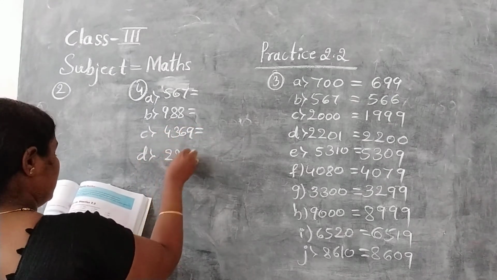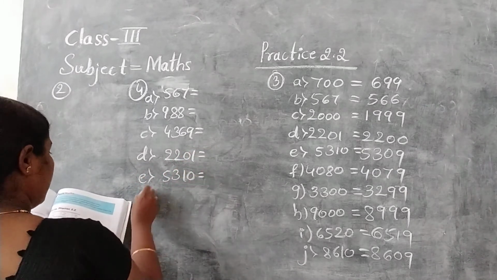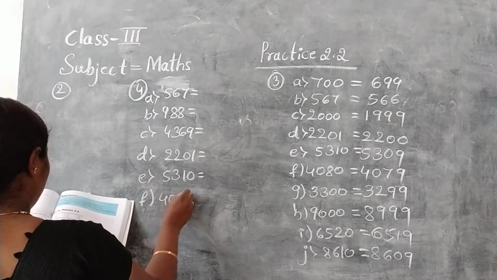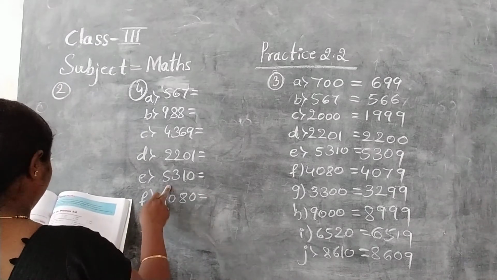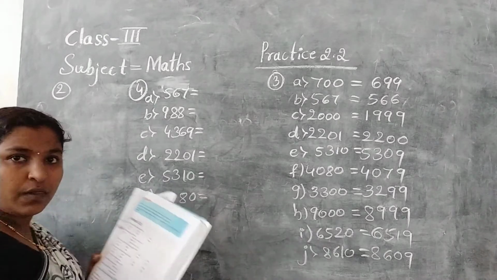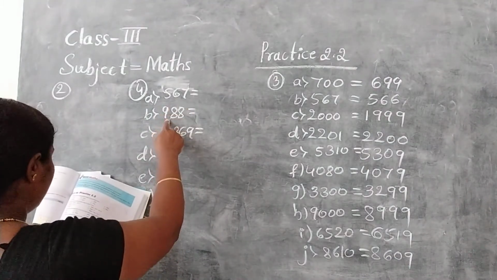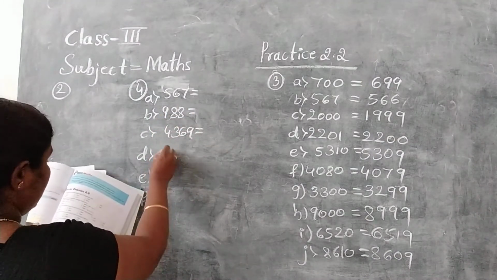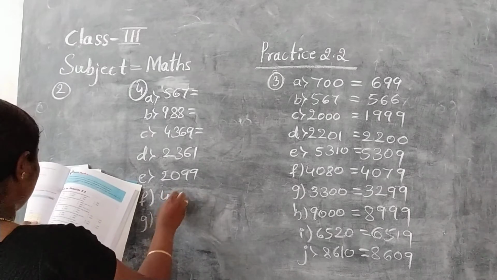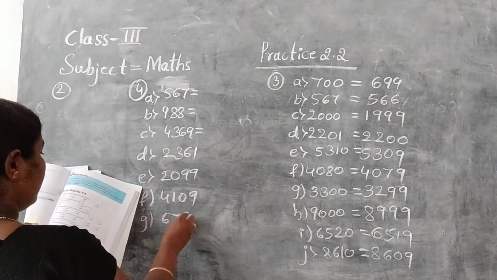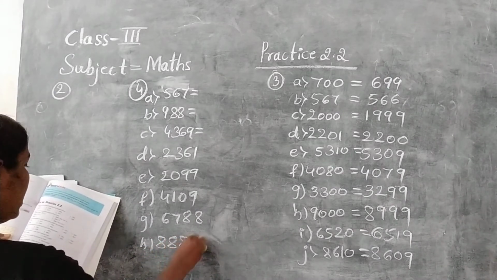D. 2361. E. 2099. F. 4109. G. 6788. H. 8889.